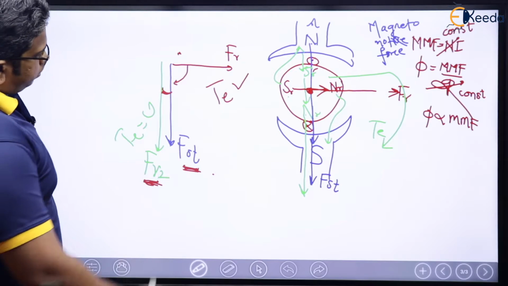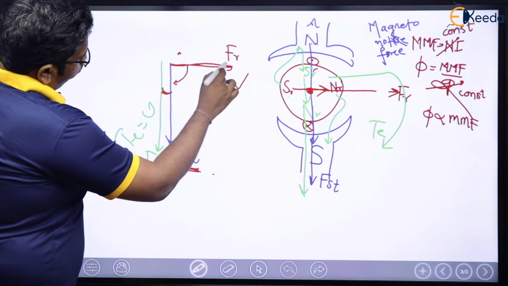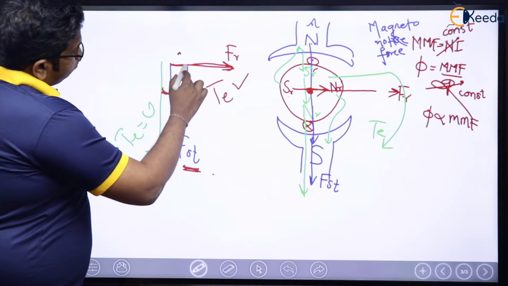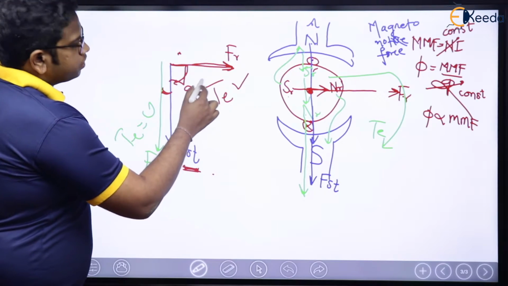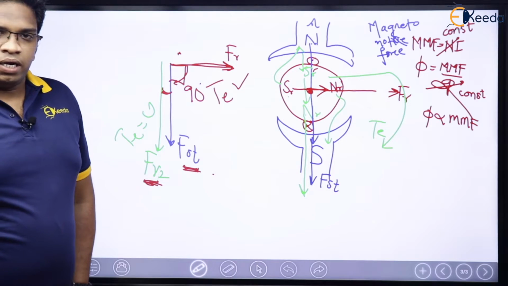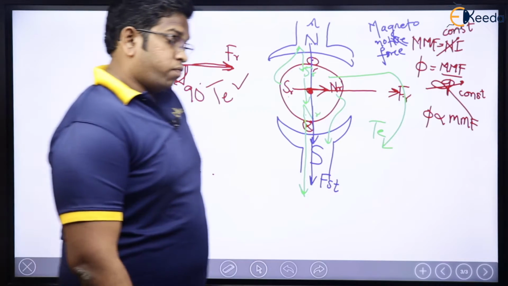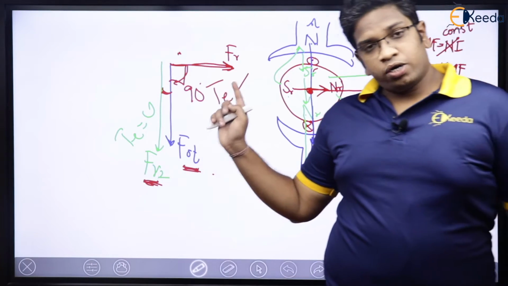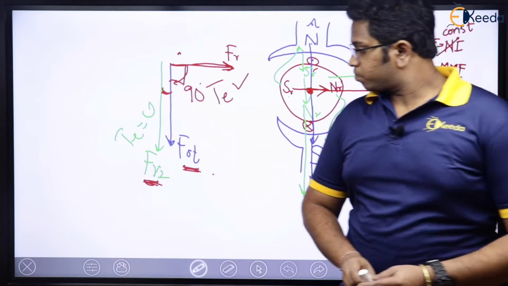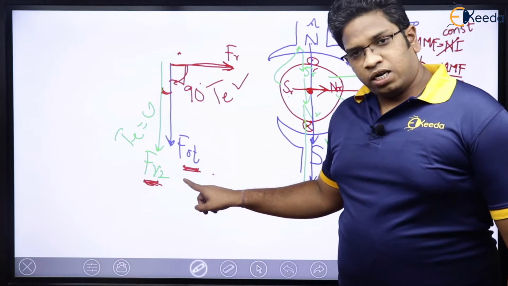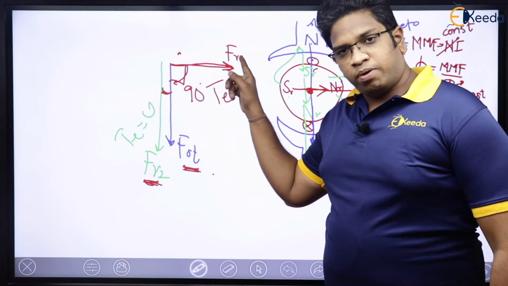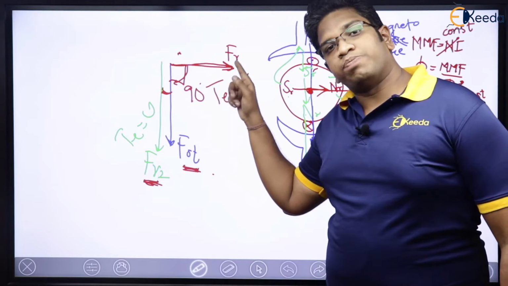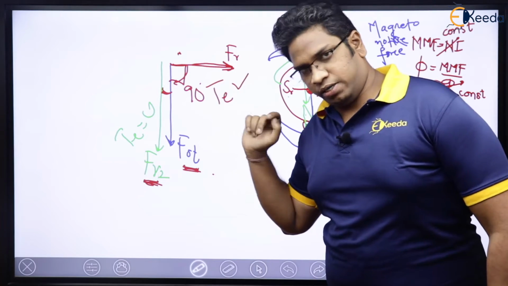Now see here. For the first case, there was some angle here, 90 degrees, for example. Right? What do we understand from here? In order to have a continuous torque, stator MMF and my rotor MMF have to be stationary with respect to each other, which means they should not be rotating.